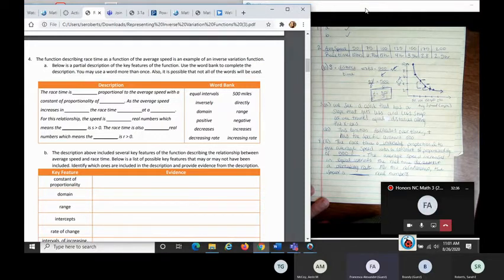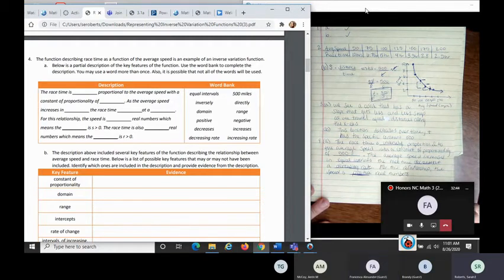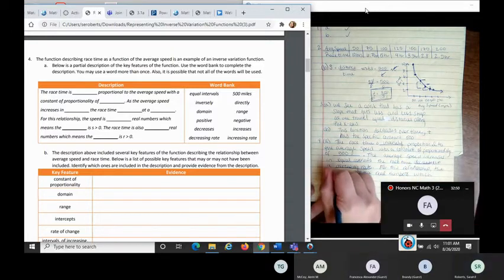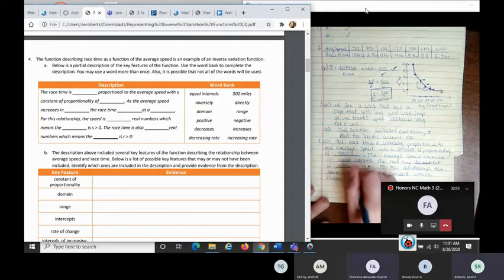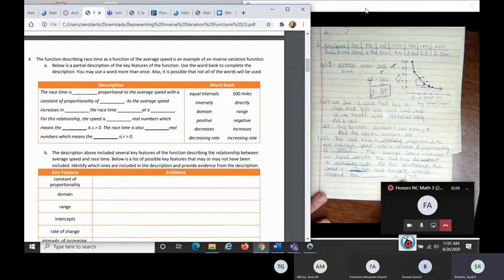I said positive. Yeah, they're positive real numbers. Okay, so speed is positive real numbers, which means the blank is s greater than 0. The s here is speed.